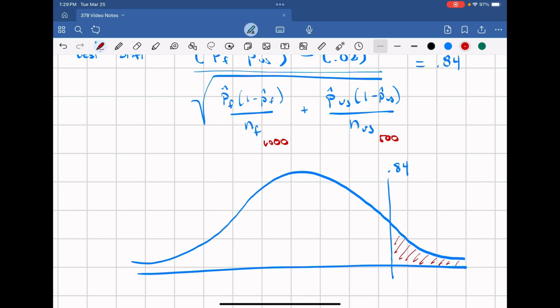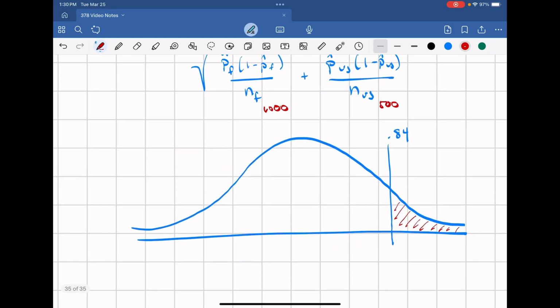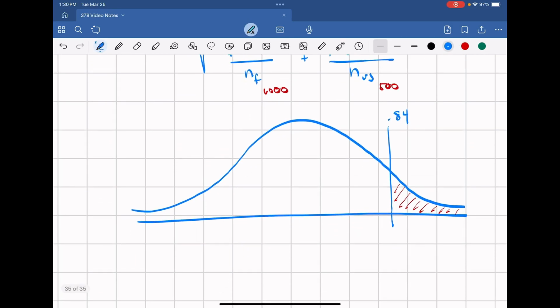So I'm going to look up 0.84 in my table A to find the probability to the right, and what I would find is that the p-value is equal to 0.2005.